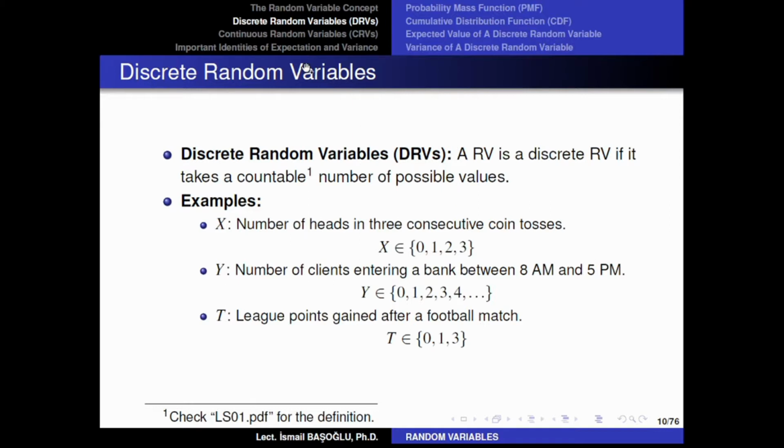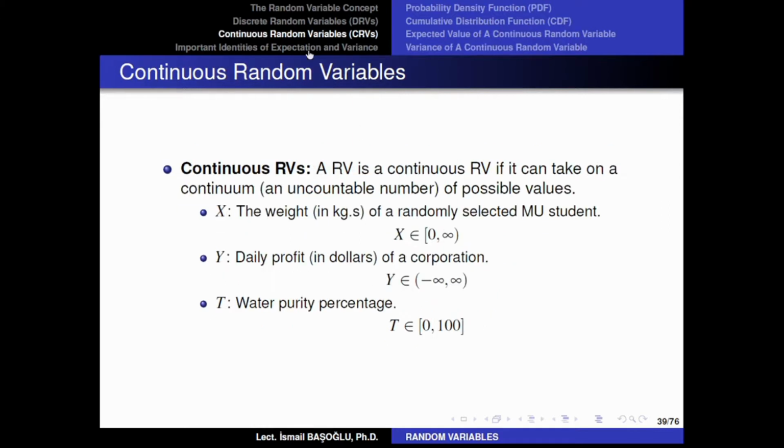As we have said, continuous random variables are defined and conceptualized in a totally different way. Why? Because continuous random variables can take on a continuum, or an uncountable number of possible values.